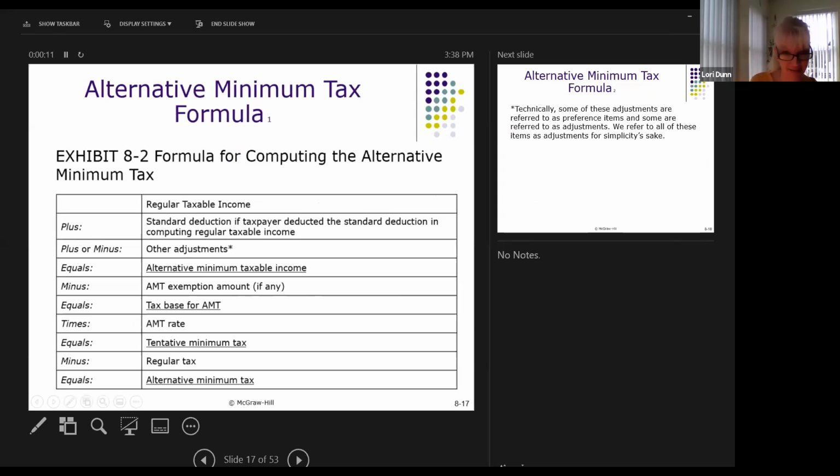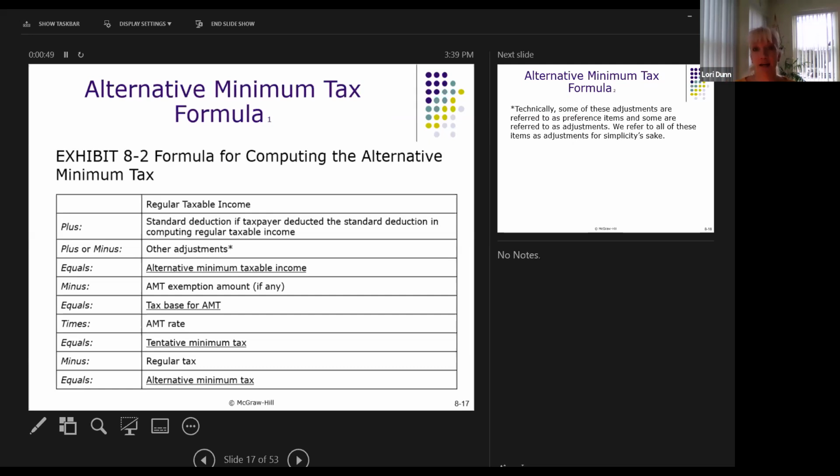Alternative minimum tax. Alternative minimum tax is an additional tax. It was created in 1986 to make sure higher income taxpayers who were able to take advantage of tax deductions and tax breaks paid their fair share of taxes.